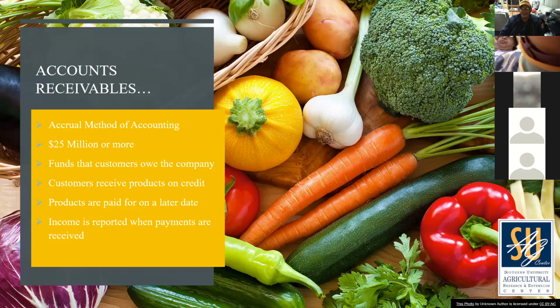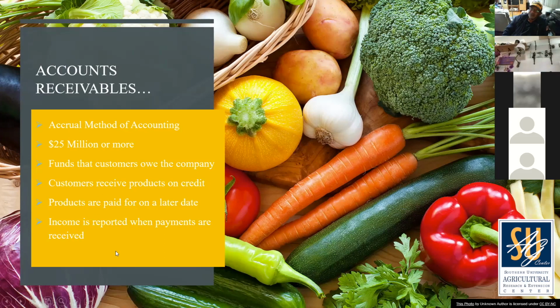So basically these are expenses that are incurred, either as it relates to receivables. These are accounts where you may sell a product or something to a customer, and the customer may be purchasing on credit, like an IOU basically. So you give them a product and they pay you for it on a later date.